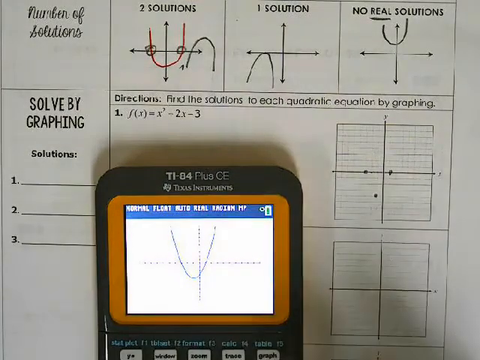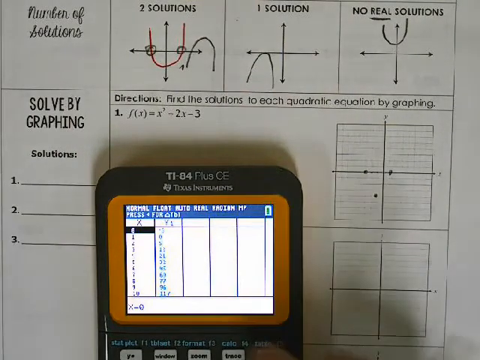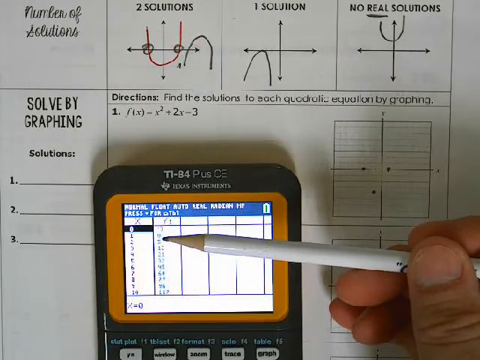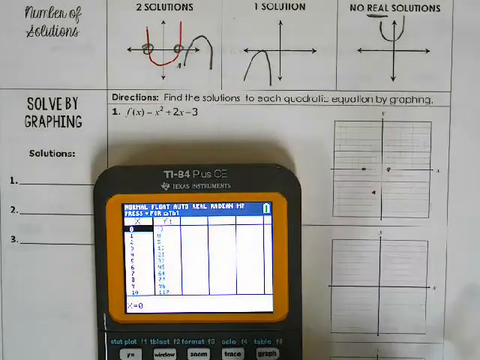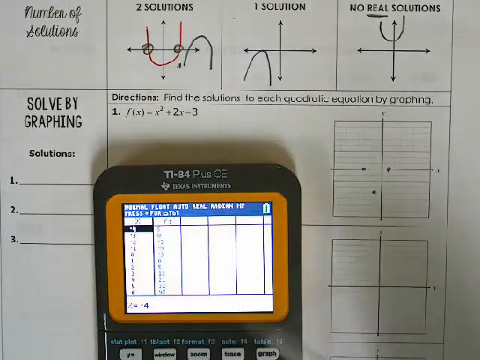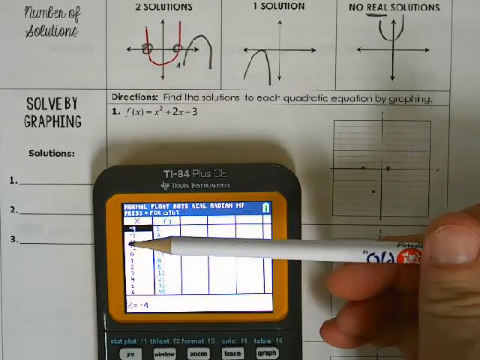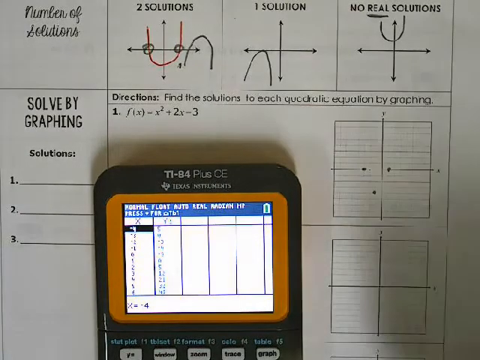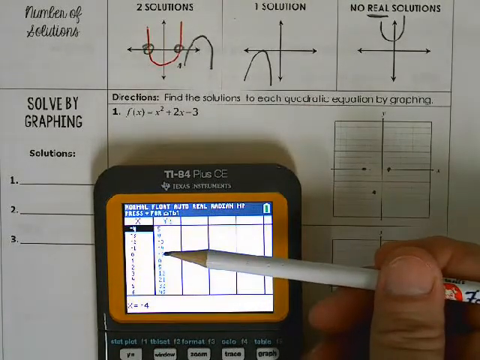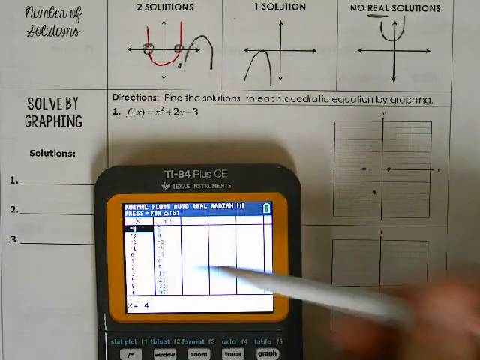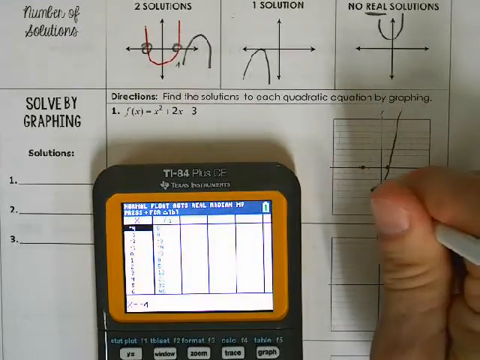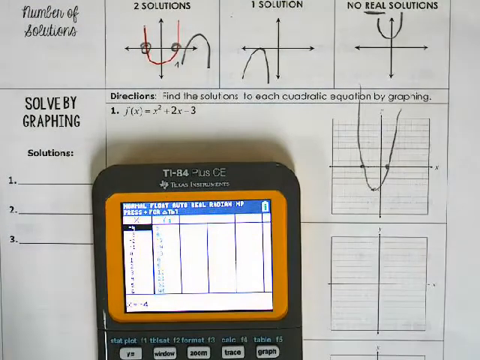And if I check those on my table here, I will see, yeah, at +1 here, my y value is 0. So 1 is a solution. At -3, y is 0, so -3 is a solution. The vertex, the most negative number here, -1, -4, yep, so that looks just like what I thought it looked like. Admittedly, I've had much more practice than you guys.